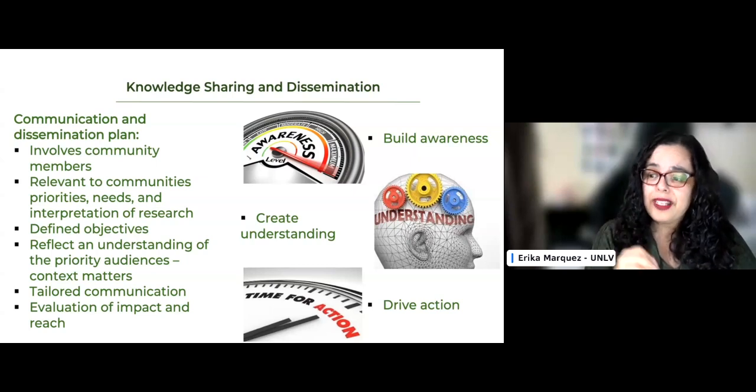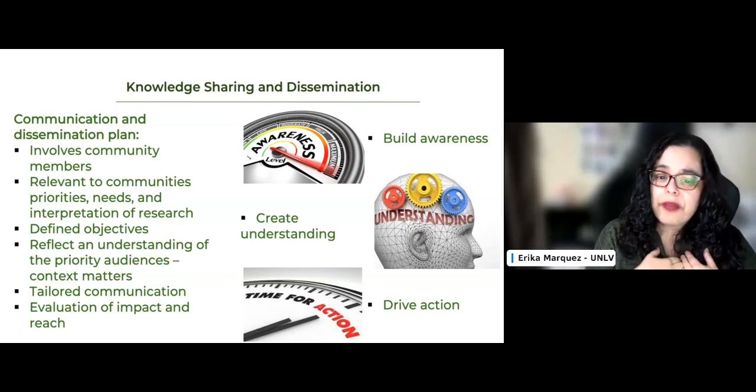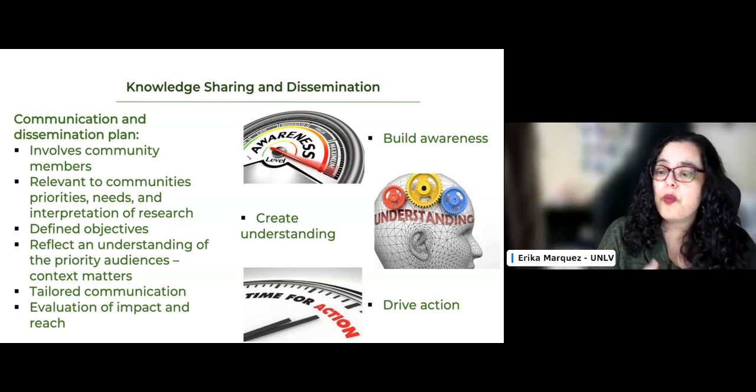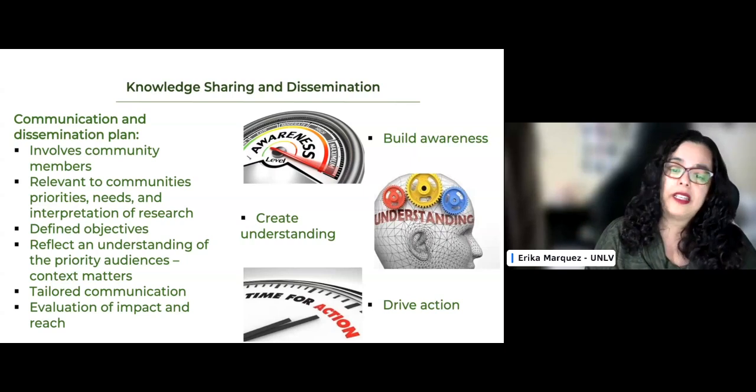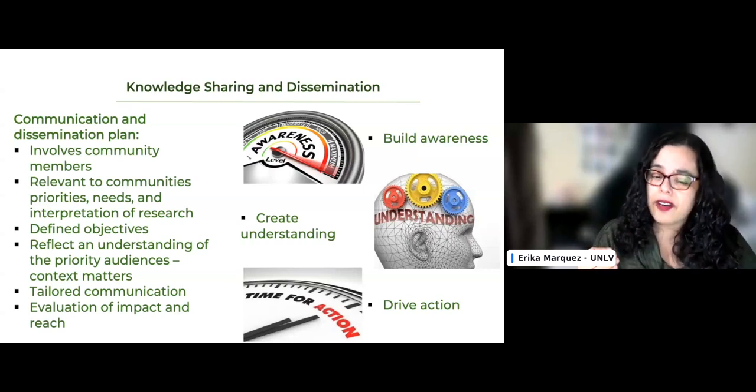Now, your communication and dissemination plan may not be as fine-tuned until you start getting into the interpretation of your data. And this is where, for me, it helps me develop an understanding, not only for research purposes, but of all the data we've collected and all the things we've interpreted, what matters and who does it matter to? And so then you begin to refine this communication and dissemination plan to really hit home on what information you're going to share, who you're going to share it with, what formats you're going to share it in, and what methods we are going to use to deliver this communication, right?